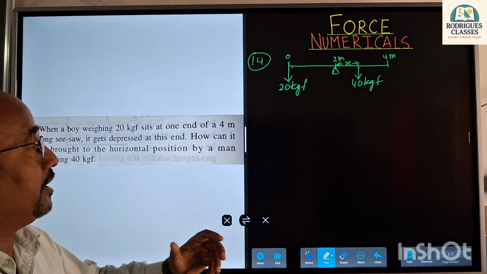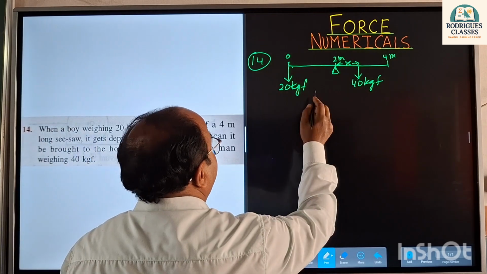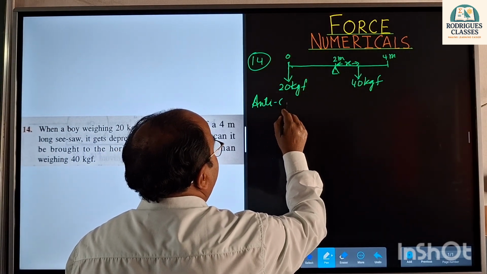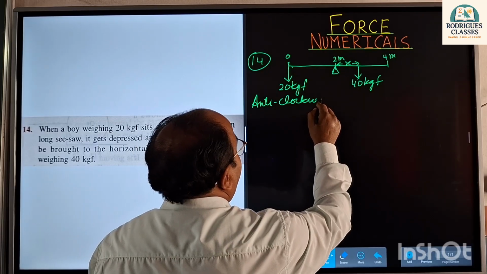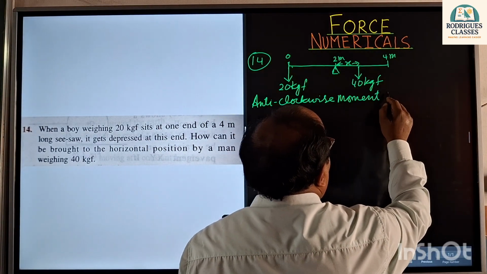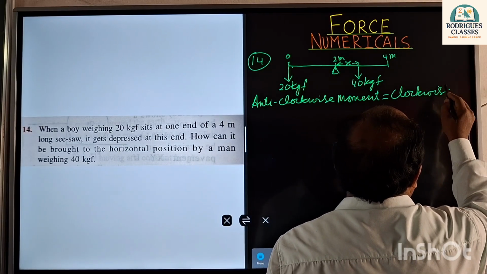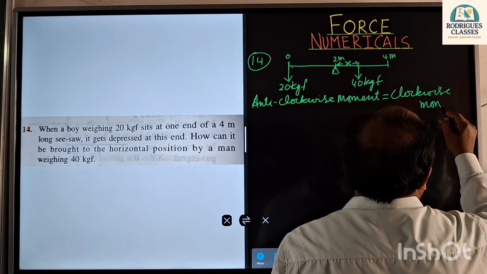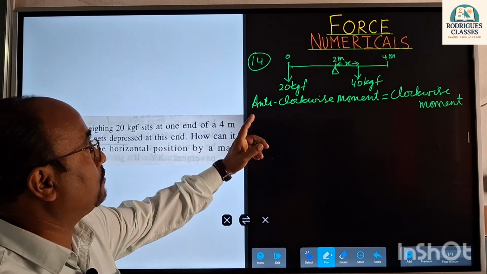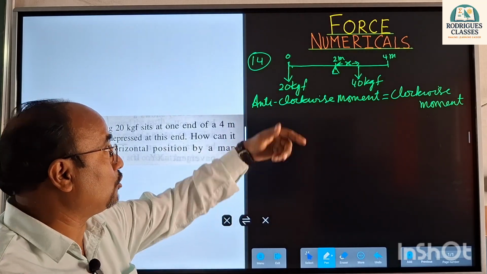Okay, so now we apply again that same principle of moments. So I am writing here anti-clockwise moment equal to clockwise moment. The boy sitting over here will be turning it in anti-clockwise.